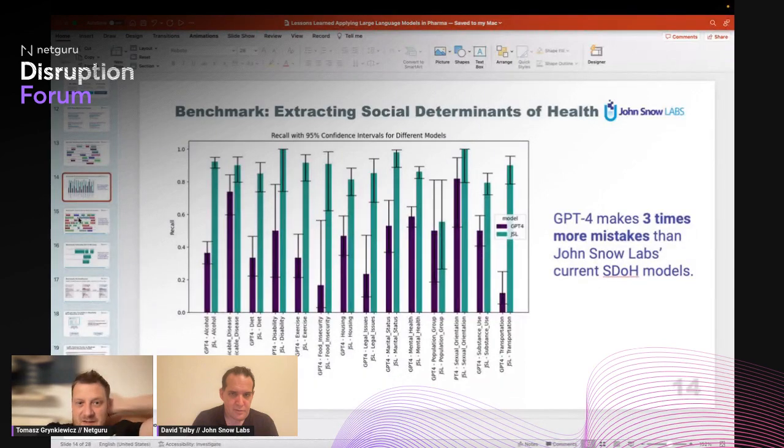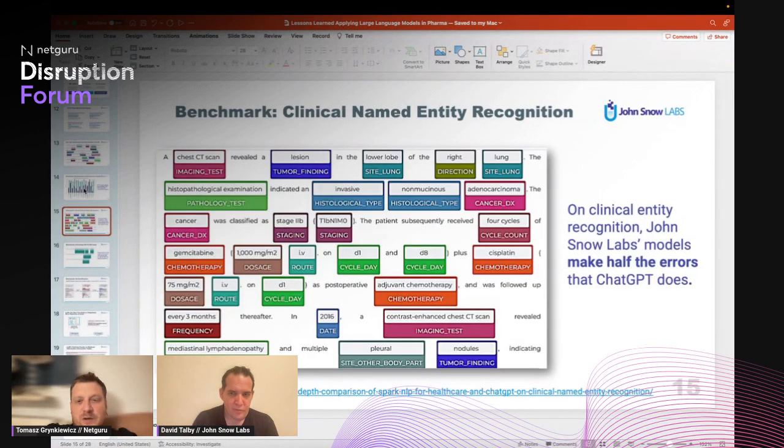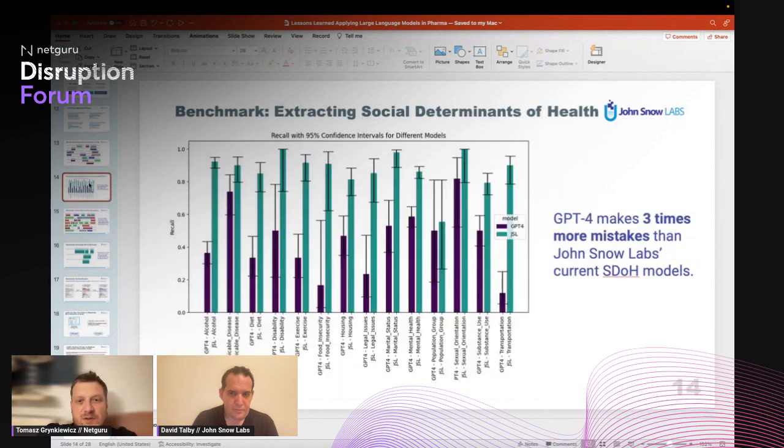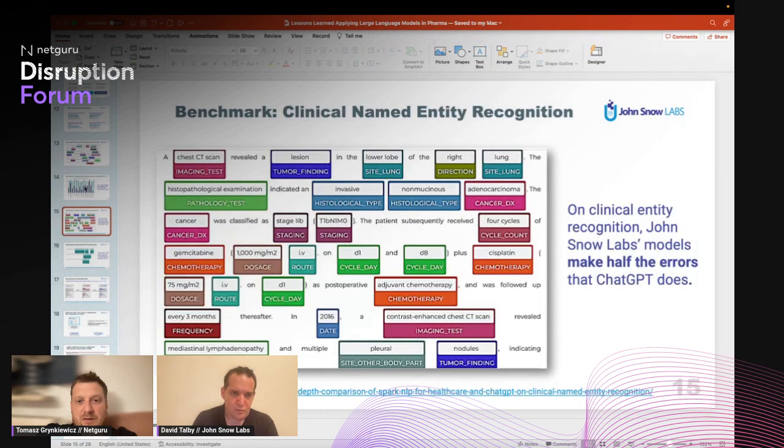Not many, 5 or 6. I think we should be okay with this. Okay, should we go back to social determinants? The slide with the three times more mistakes. That was the last one. So do I need to repeat that one or not?